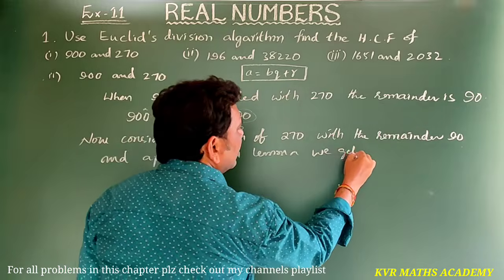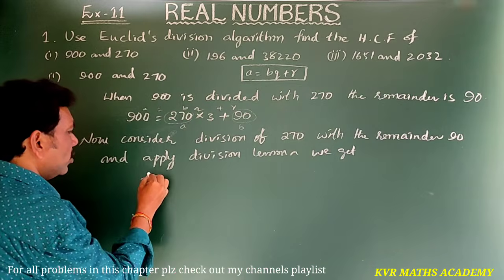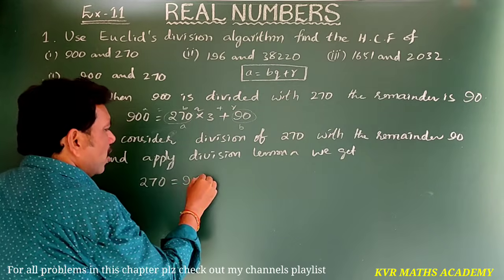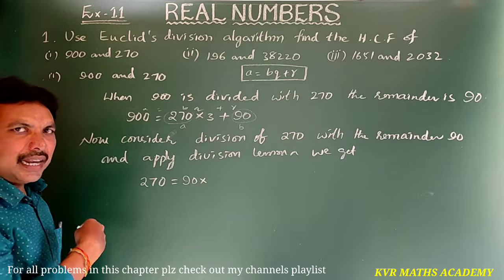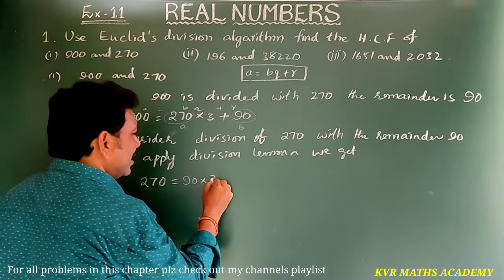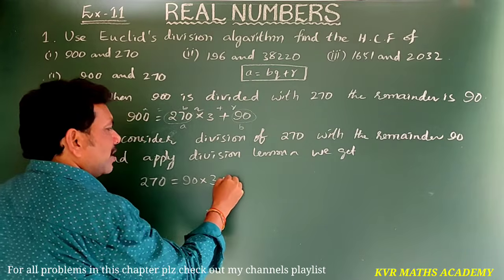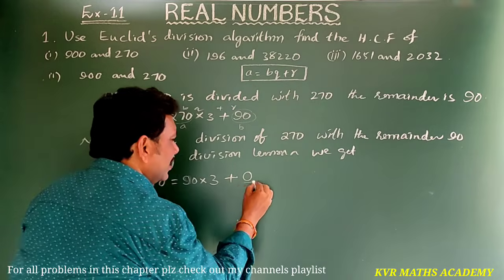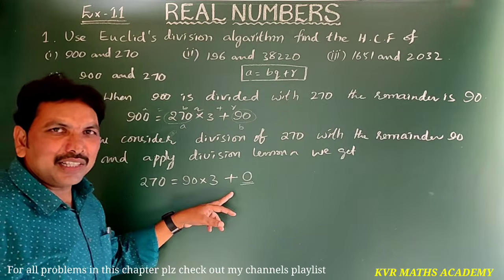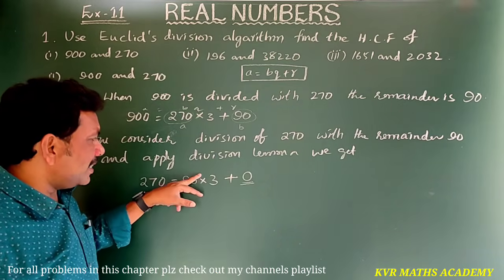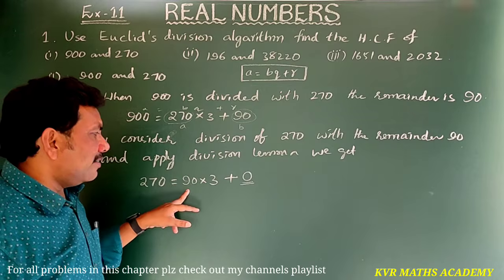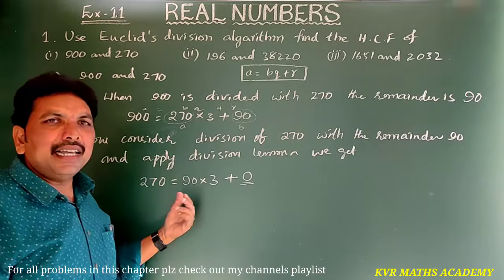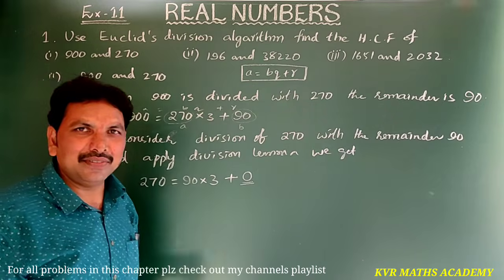We get a is equal to bq plus r. 270 is equal to 90 into 3 plus 0, since 90 threes are exactly 270. Now we have got 0 as the remainder. The divisor is 90 here. Now 90 is the HCF of 900 and 270.